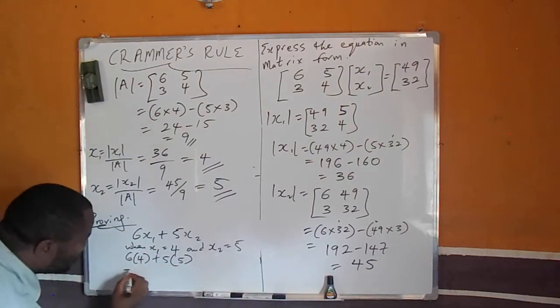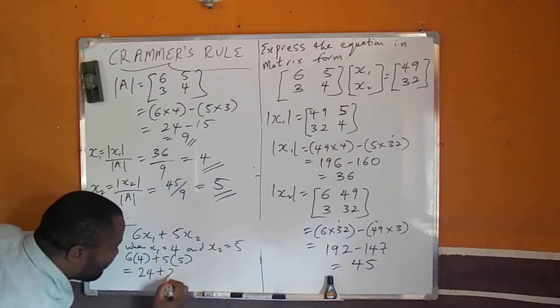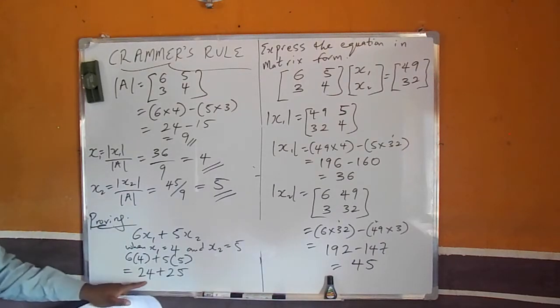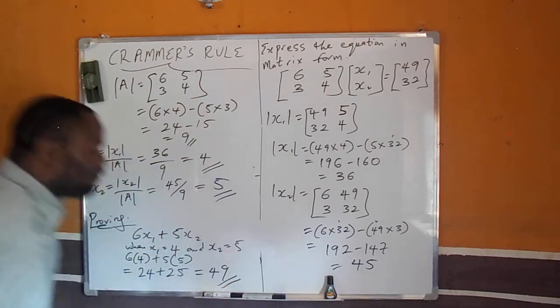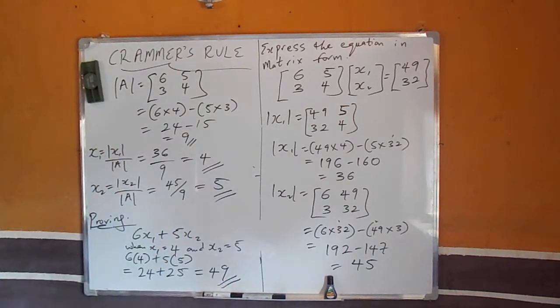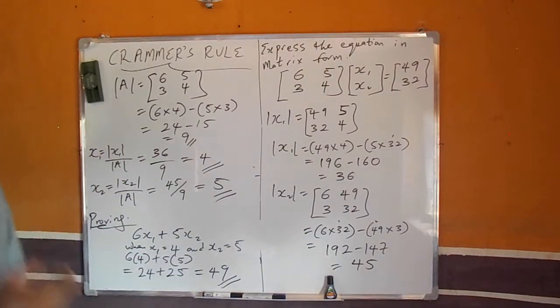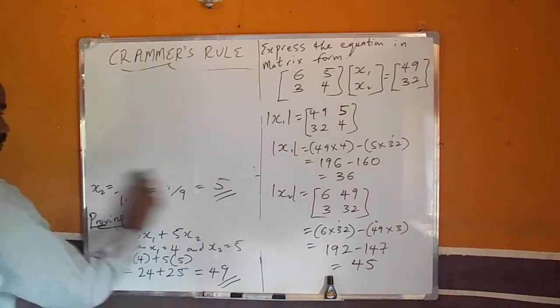So it equals 6 times 4, 24, plus 5 times 5, 25. 24 plus 25 equals what? 49, which shows that the answer is correct. Then you can move on. But in an examination, you don't have to put this proof in there. This is just for you to be certain that the answer you have gotten is 100% correct. We move to example 2.